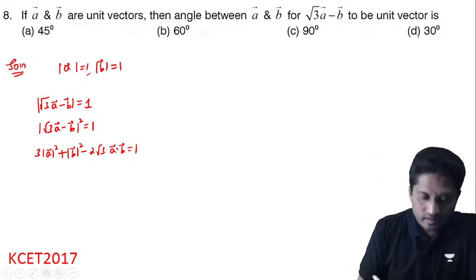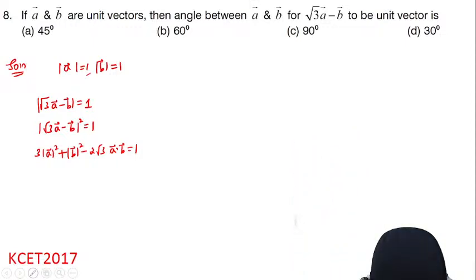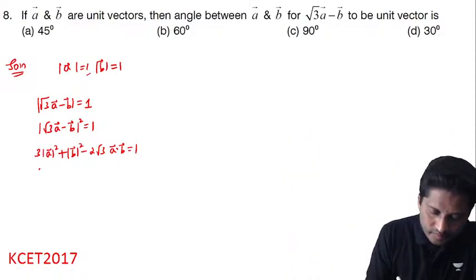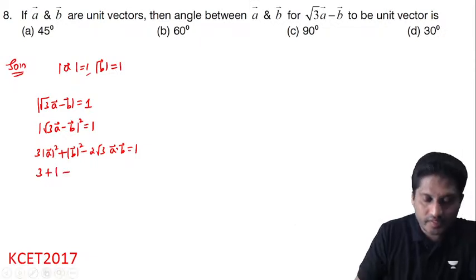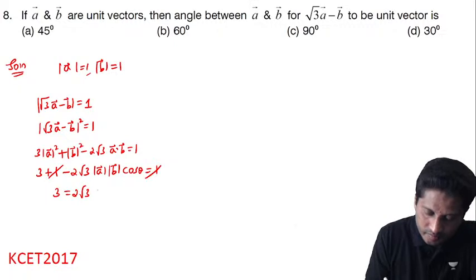A and B are unit vectors, so this is 3 plus 1, minus 2 root 3 mod A mod B cos theta is equal to 1. 4 minus 1 gives 3, equal to 2 root 3 cos theta. Mod A mod B is 1, and then you get cos theta. 3 divided by 2 root 3 is equal to cos theta.